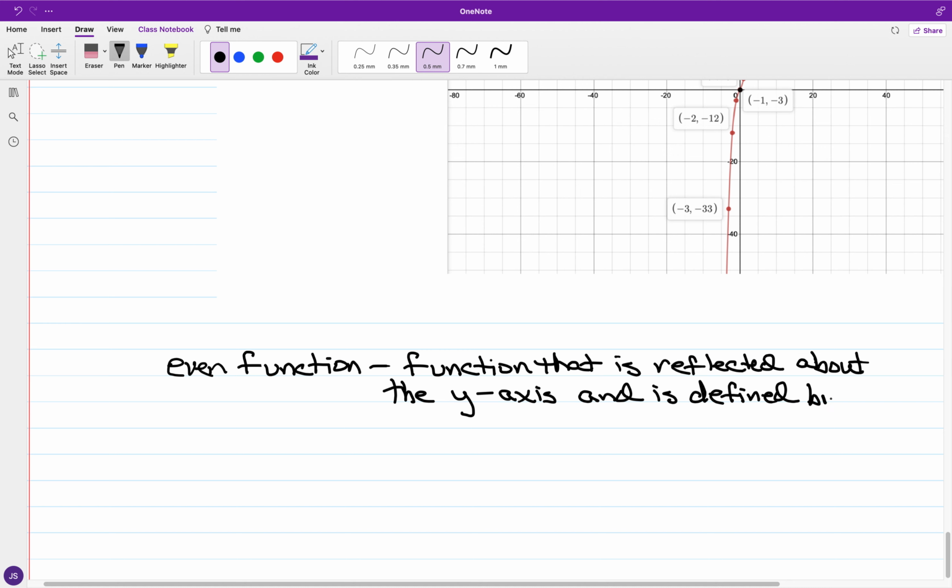This time around, we're still going to have f of negative x. Now an odd function had f of negative x leading to the negative of f of x. But here for even functions, we have f of negative x is equal to f of x.